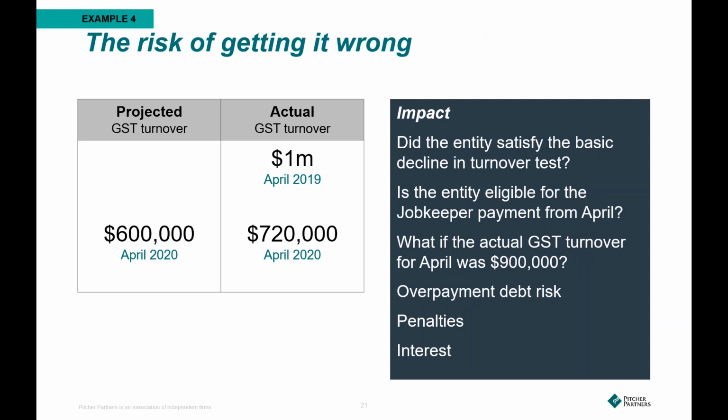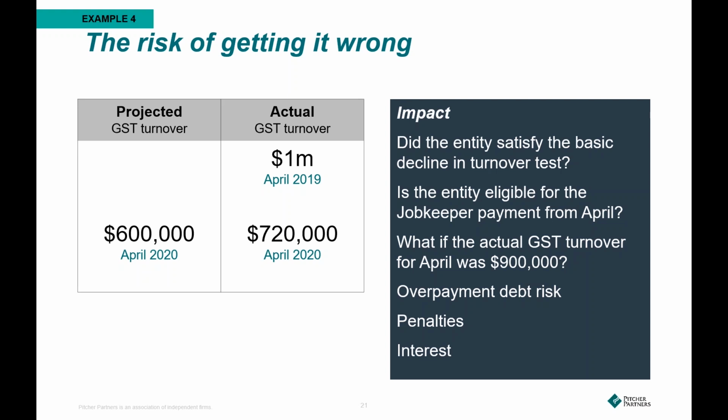And if we just look at this example here, we've got an entity that once again has chosen the month of April 2020 as its test period. It is therefore looking at its projected GST turnover for the current month. It's determined that that will be $600,000. In the equivalent period last year, its turnover was $1 million.